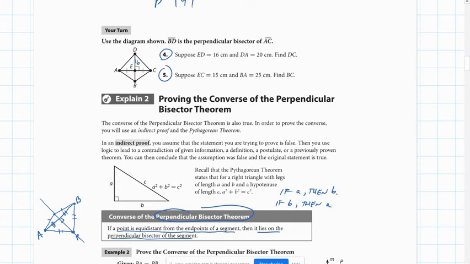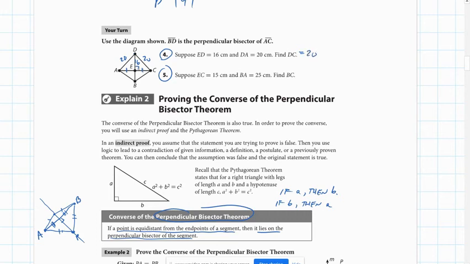So ED is 16, DA is 20, find DC. So since we can see that BD is a perpendicular bisector, there's a right angle, and these two lengths are the same, it must be a perpendicular bisector. And so the perpendicular bisector, any point is going to be equidistant from the endpoints. So if DA is 20, then DC is also going to be 20. And then we can use the Pythagorean theorem. So that answers that question, that DC is 20.